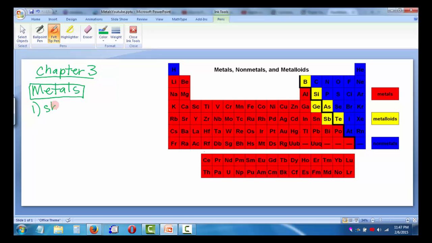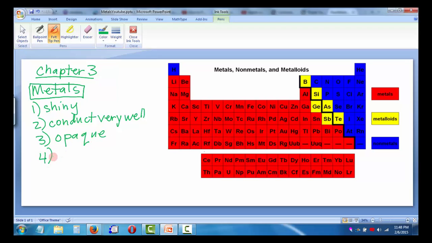are they are shiny, they conduct electricity and heat very well. We can say that they are opaque, O-P-A-Q-U-E, which means light doesn't shine through them very well.